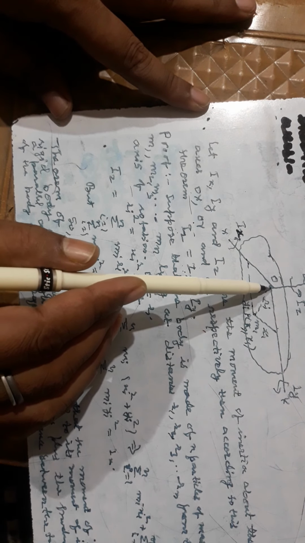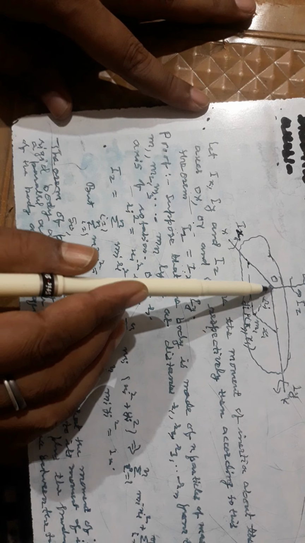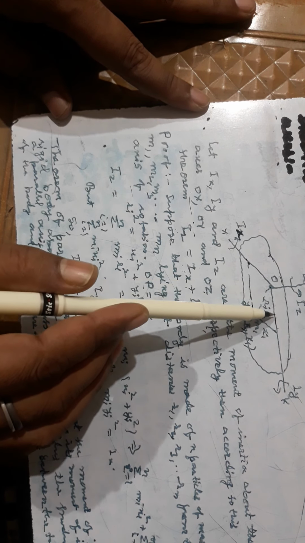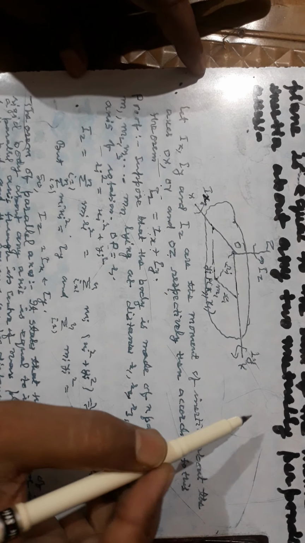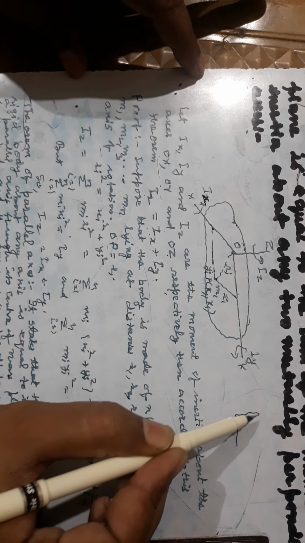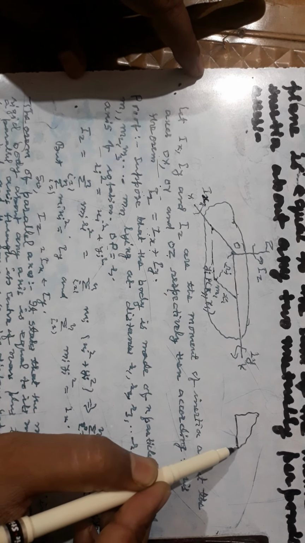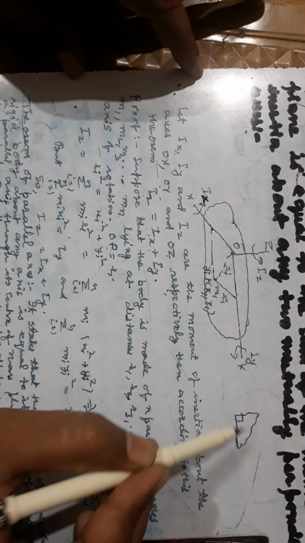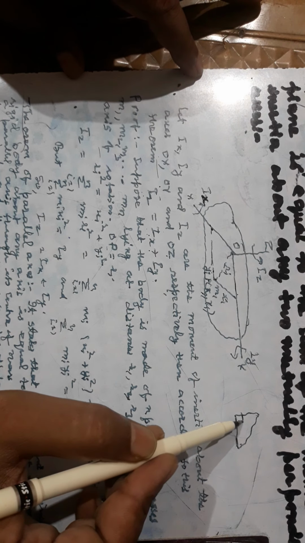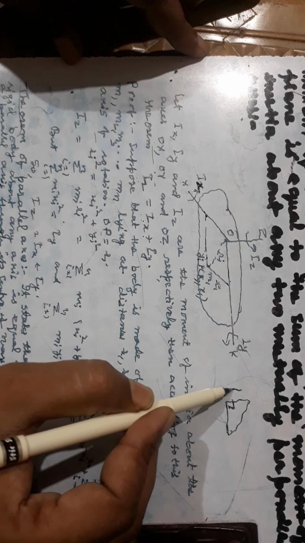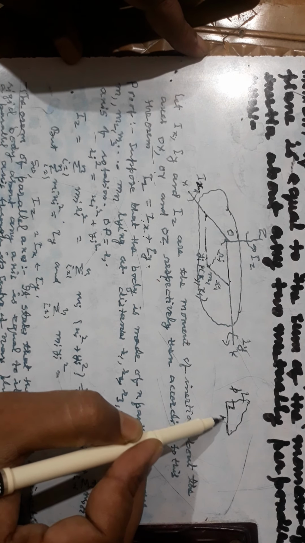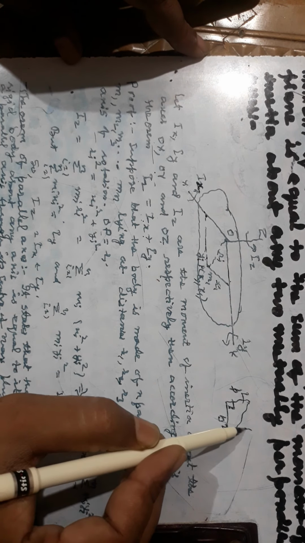Here you should understand this thing. This distance is this, and suppose this is perpendicular. This is a right angle triangle, and in this right angle triangle you may observe that p square plus b square is equal to h square.